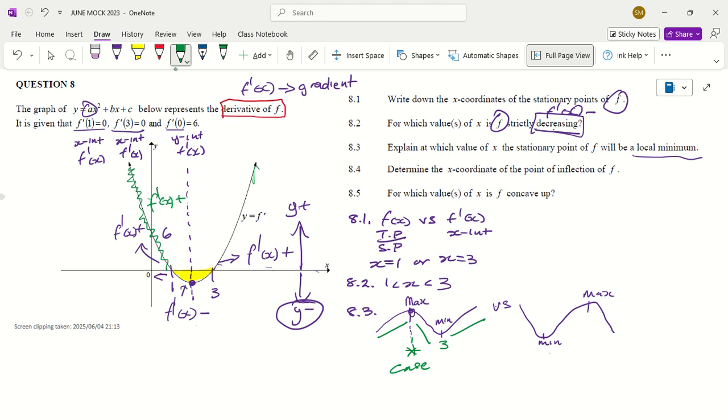If it was starting at negative, then our function would look like this, because this is the function of the gradient. So meaning that now the first x value would be the maxima, and then the second x value would be the minima.